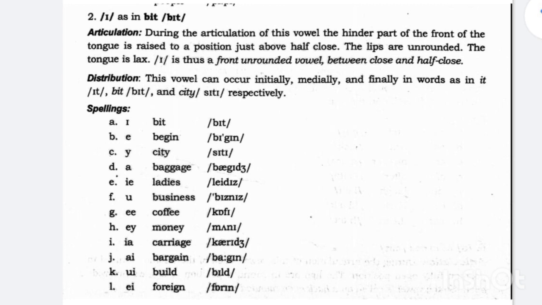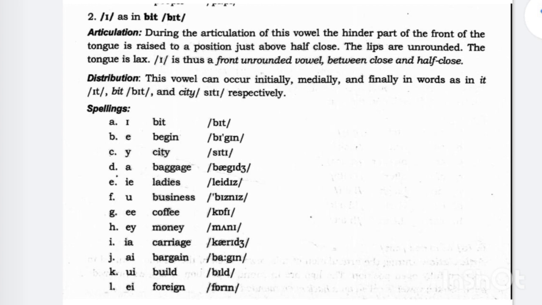That is the way the language is conceived. So business, here, see, E sound is represented by the letter U over here. Next word, coffee.